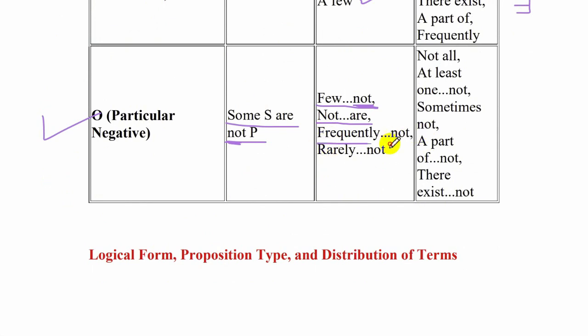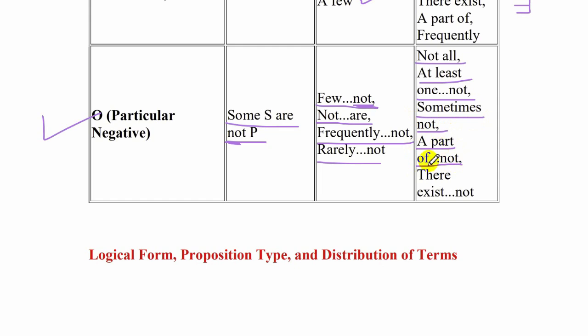Frequently, people are not honest. It means O type proposition. Rarely not. So wherever you see not, it goes into O particular negative. Not all. At least one is not. At least one of the students is not honest. Sometimes people are not honest.